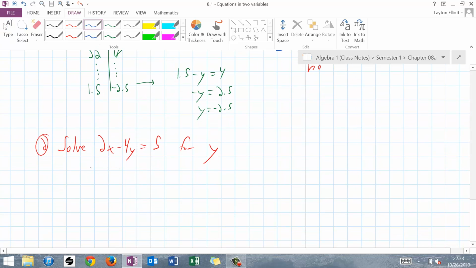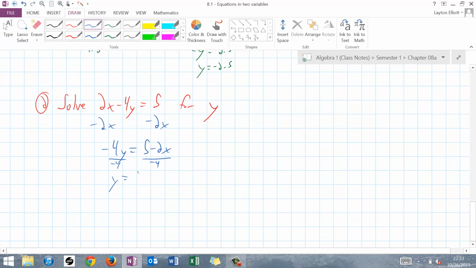Well, if I want to do that, I'm going to subtract 2x from both sides and get negative 4y is equal to 5 minus 2x, and then divide by a negative 4, and I get y is equal to (5 minus 2x) over negative 4. And if I multiply the numerator and denominator by a negative, I can switch that and make it (2x minus 5) over 4, which is a lot simpler.